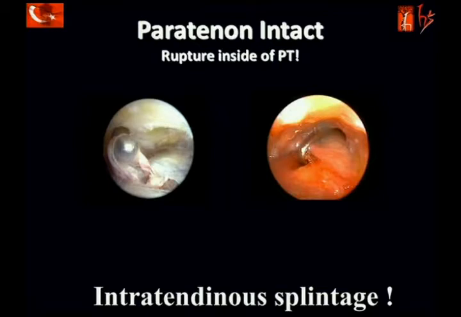If there is a rupture of the tendon, the Achilles tendon is one of the biggest in the human body. Achilles tendon rupture with non-rupture of the paratenon: 20 or 30 years ago, there were publications from the Scandinavian countries on conservative treatment, and they said 30% full healing.